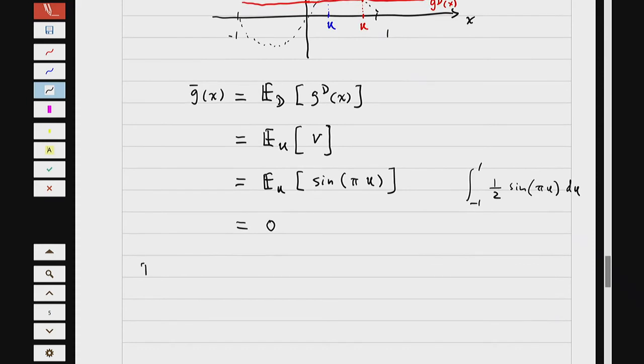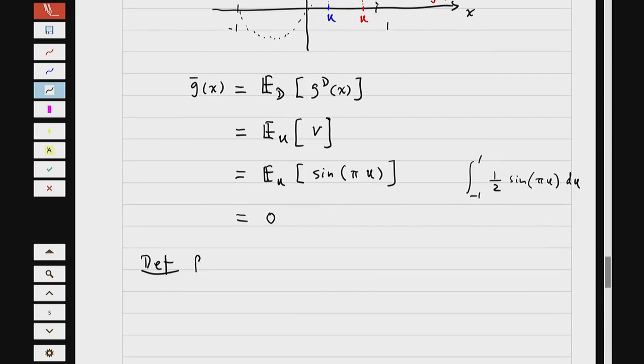Furthermore, we have to go to the bias and variance trade-off. So with this G bar, we can define the bias of a learning model for some given x.